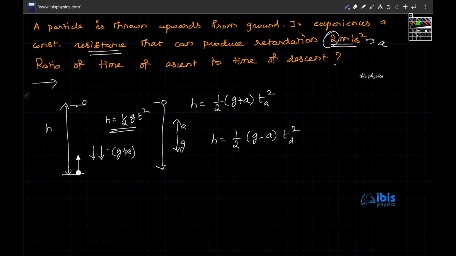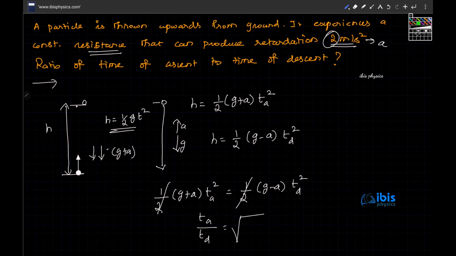Since their left hand sides are equal, we can write half into g plus A into time of ascent square equal to half into g minus A into time of descent square. Cancelling that, time of ascent to time of descent equals root over g minus A by g plus A, that is equal to root over 2 by 3.